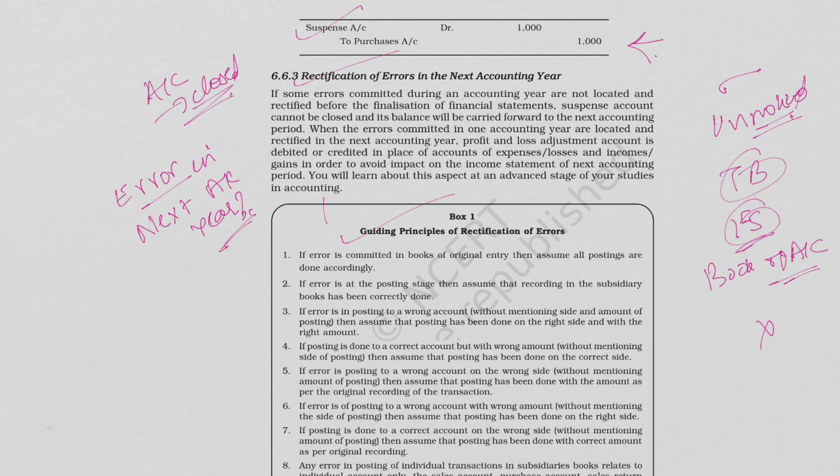So in such a situation, the suspense account cannot be closed in the same year. So instead, its balance is carried forward to the next accounting period. So this means that the suspense account continues to exist in the books until the error is located.